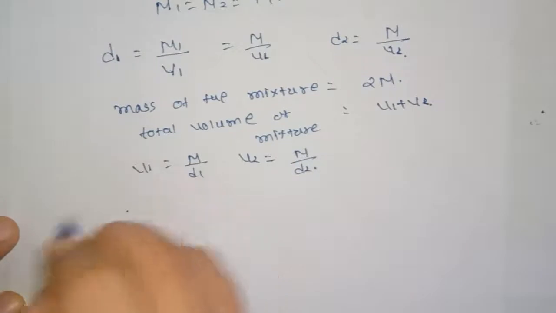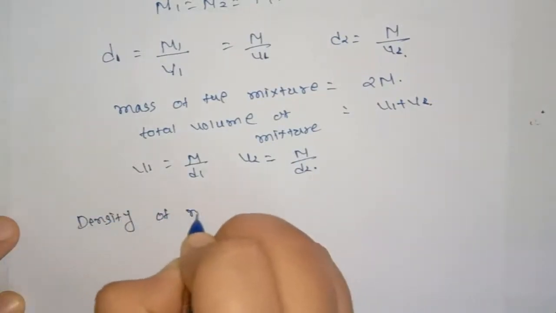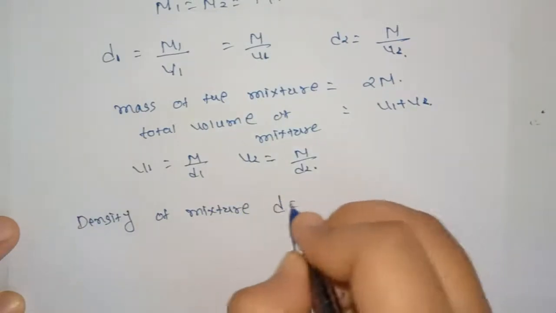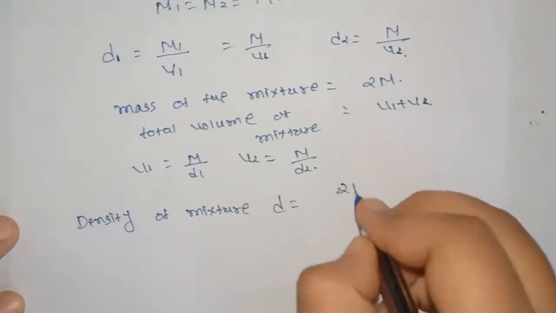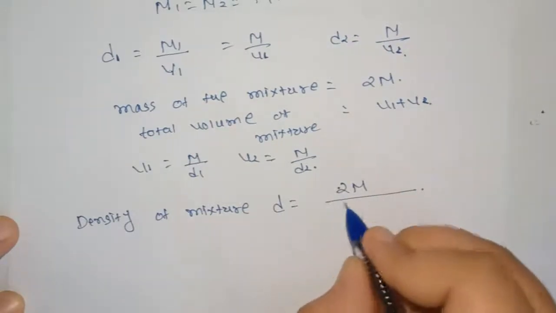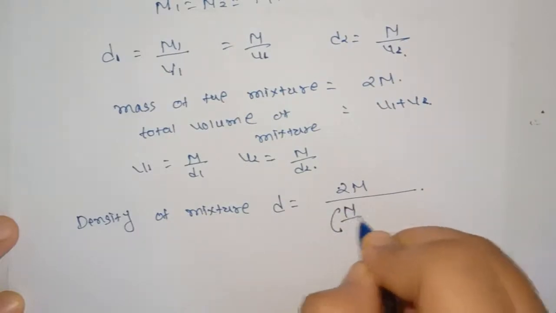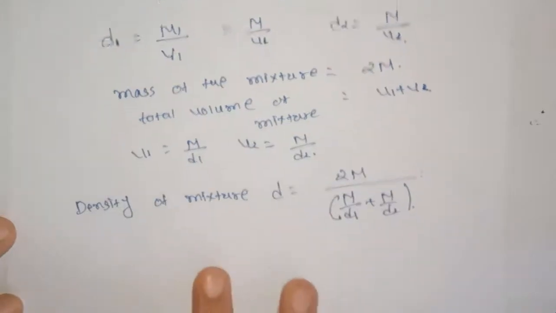So the density of mixture D will be equal to, density is mass upon volume, total mass is 2M, total volume will be V1 plus V2, that is M upon D1 plus M upon D2.